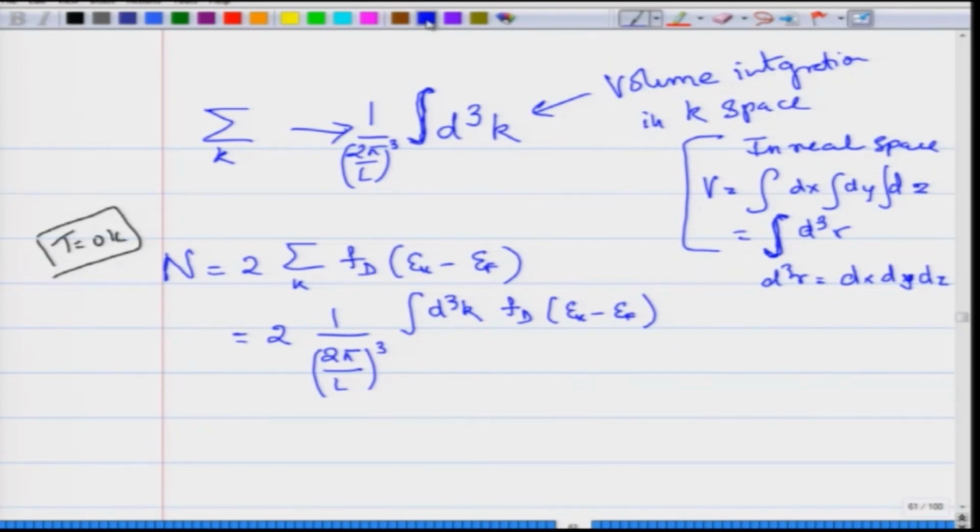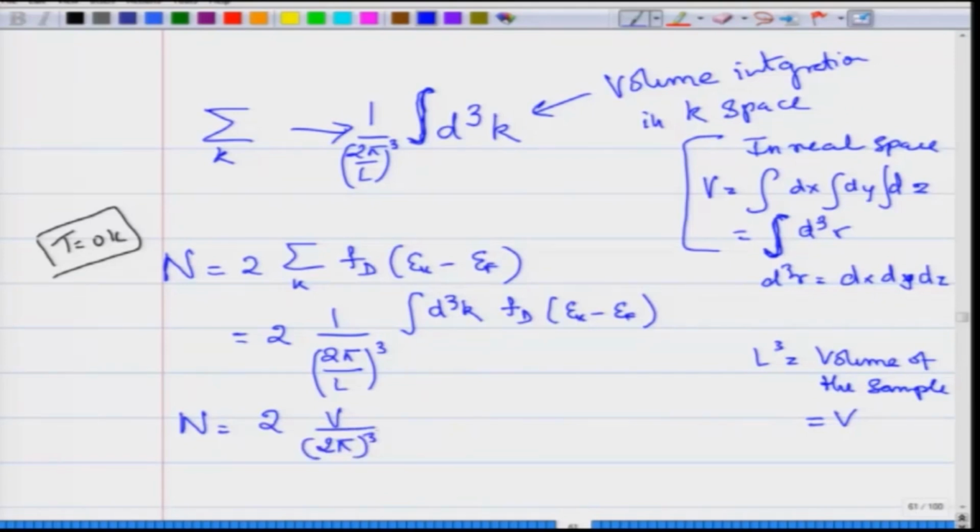I take the integral over the entire volume divided by this factor, and L cube is nothing else but the volume of the sample, which is V. So, N is equal to 2 times V by 2 pi the whole cube, integral of d cube k of the Fermi Dirac distribution of Ek minus Ef. This is your Fermi energy.